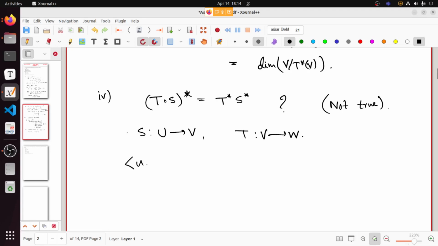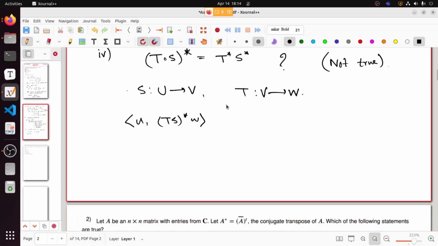So let's compute the inner product of U, (TS) adjoint W. Because T compose S is a map from U to W, and (T compose S) adjoint will be a map from W to U, right?